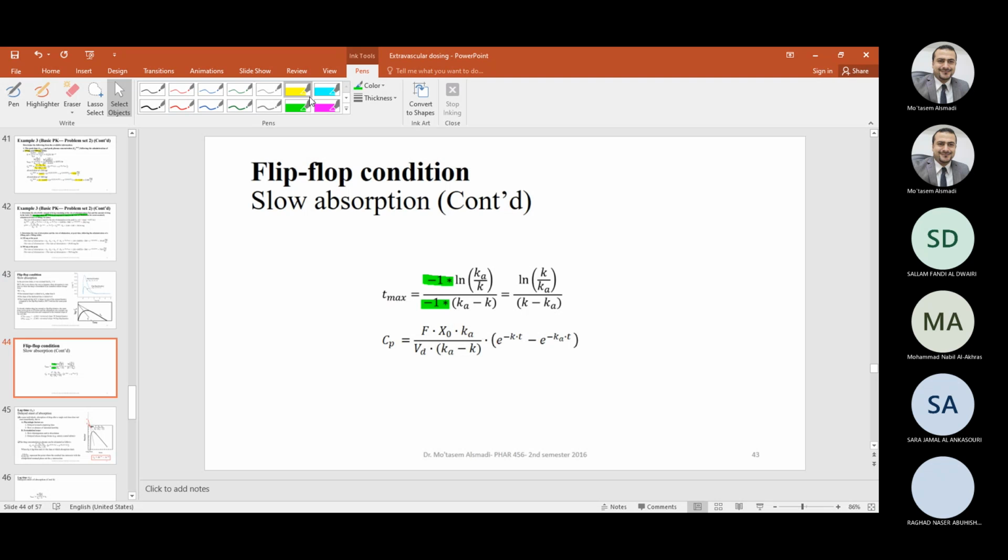If you have flip-flop kinetic, you use the same equation for Cp. K is larger than Ka, so the difference Ka minus K will have a negative value. Also, as we mentioned before, in normal kinetics this term is usually larger than that term, but if you have flip-flop kinetic, it will be the opposite.